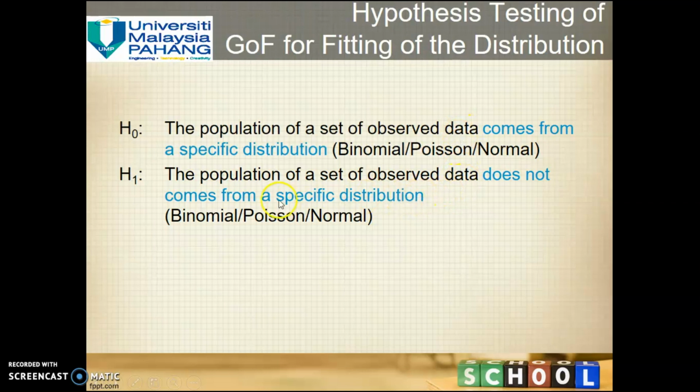And H1, of course, will contradict H0: the population of the set of observed data does not come from binomial or Poisson or normal distribution. So H0 comes from that distribution, H1 does not come from that distribution. So this is your hypothesis.